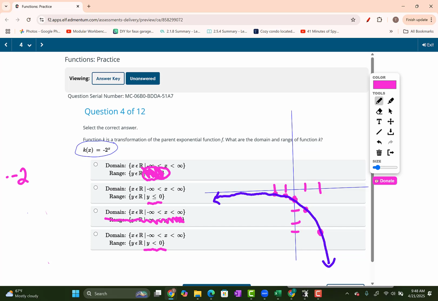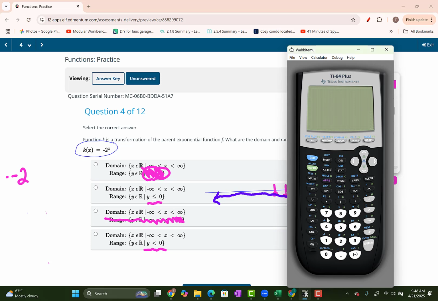Now let's just verify this. Let's use the calculator at this point. We know negative 2 to the negative second power was negative 1/4. What if we do negative 2 raised to the negative fifth power? What do we get? Really small number, but not 0 yet. Let's do negative 2 raised to the negative 8 power.